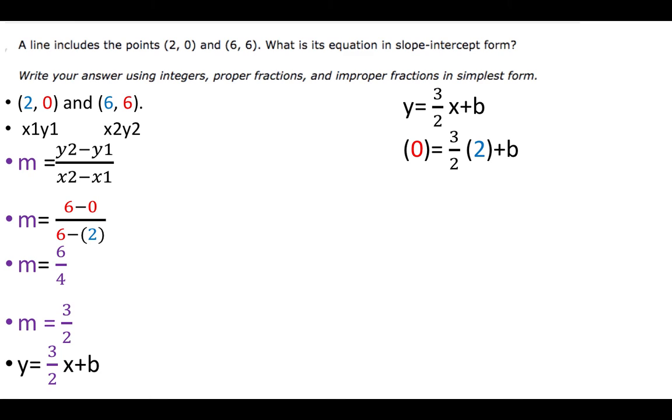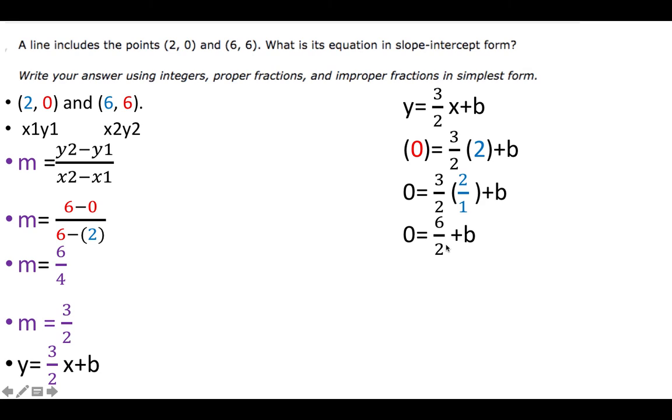All you need to do is multiply across. In order for me to multiply across, I'm going to write my whole number 2 as 2 over 1. That way I can visually see that I'm going to be multiplying across. 3 times 2 is 6. 2 times 1 is 2. There we go. That's how you multiply your fractions.